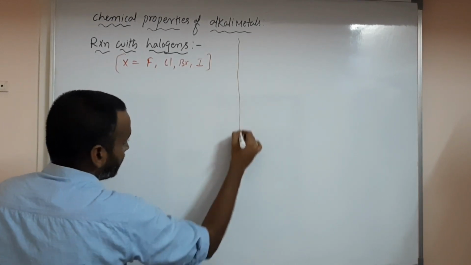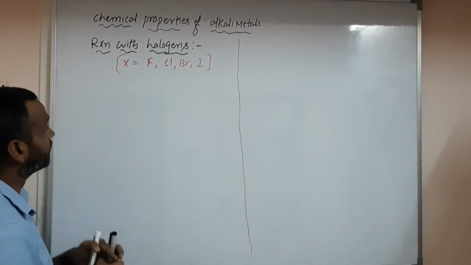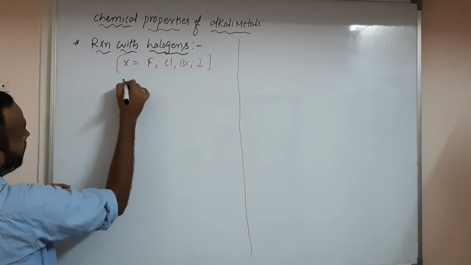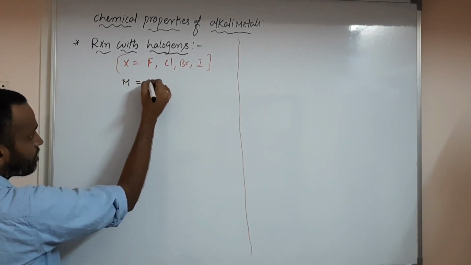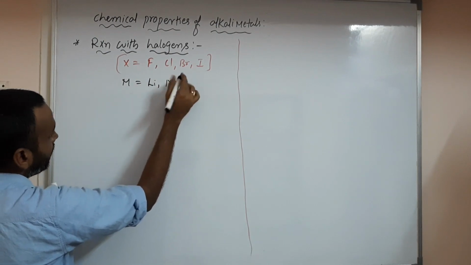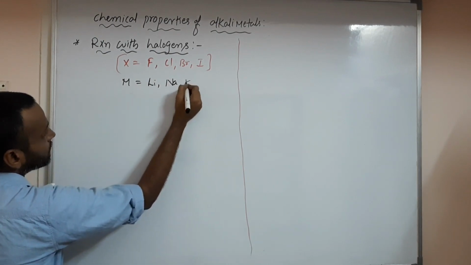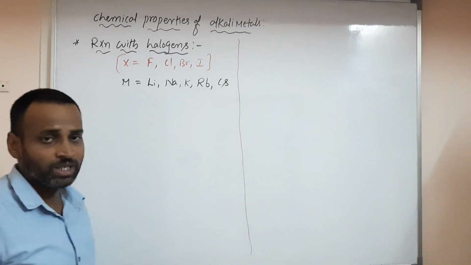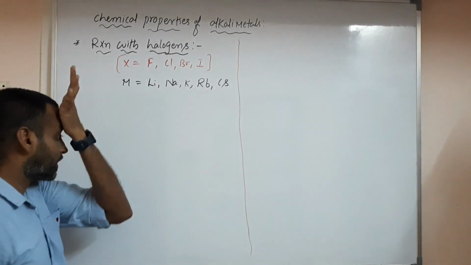Okay, so with the alkali metal M, like lithium, sodium, potassium, rubidium, cesium. Francium, why am I not writing it? Understanding? That is radioactive.